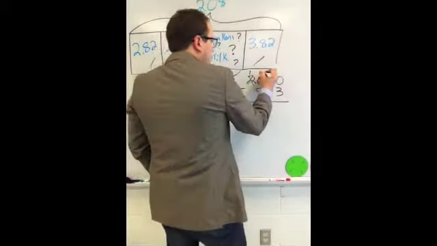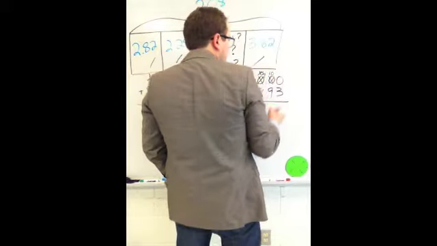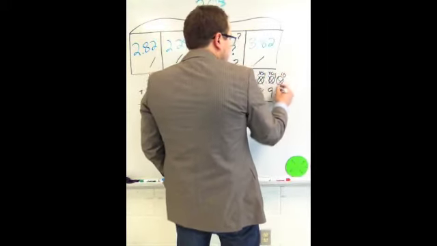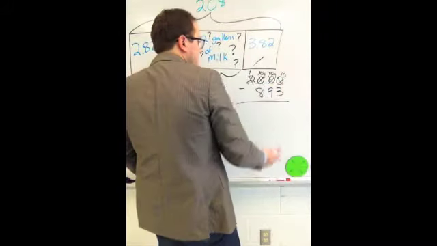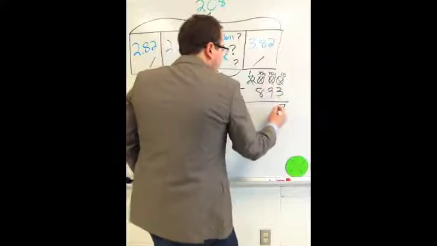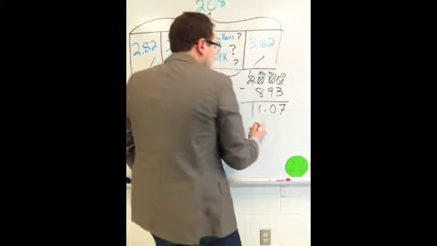And then I break up one of those, have 9 left, and it gives me 10 tenths. And then I break up one of those, I have 9 left, and it gives me 10 hundredths. So now I can do some subtraction. 10 subtract 3 is 7. 9 from 9 is 0. 9 from 8 is 1. And bring down the 1 there.